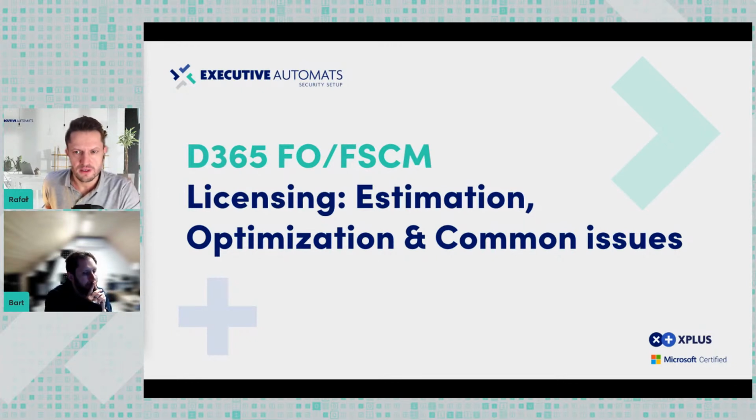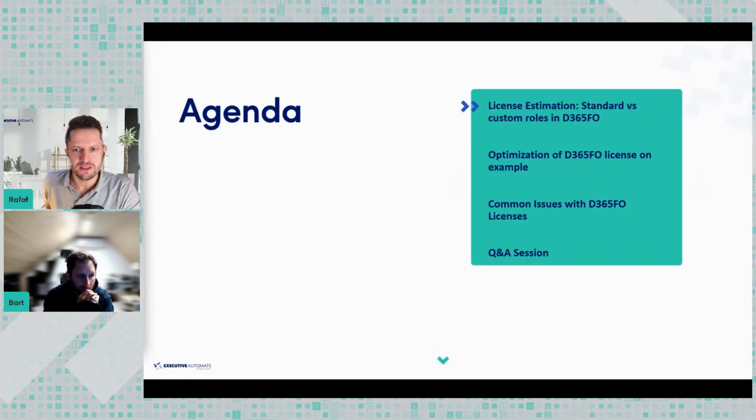So today with me, Bartosz Piech, our product manager of the Executive Automats framework, so Executive Automats and Executive Automats security setup. Moving forward to today's webinar agenda, first we will show you the license estimation. So what is the difference between standard and custom roles in Dynamics 365 Finance and Operations?